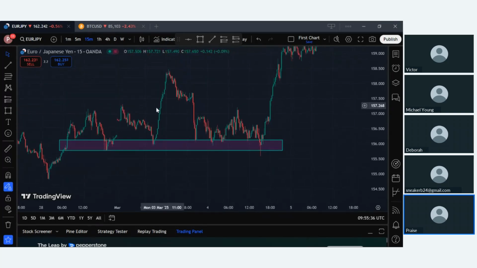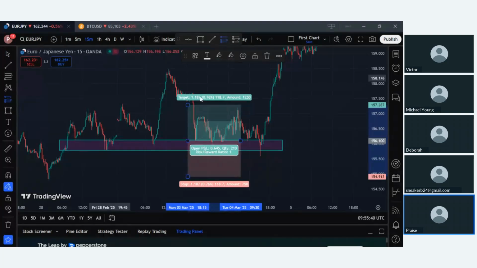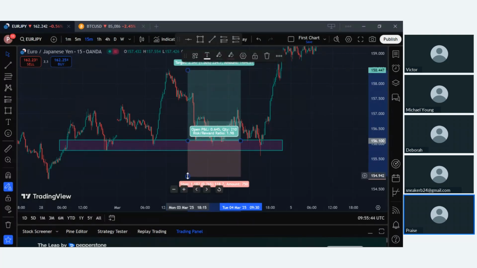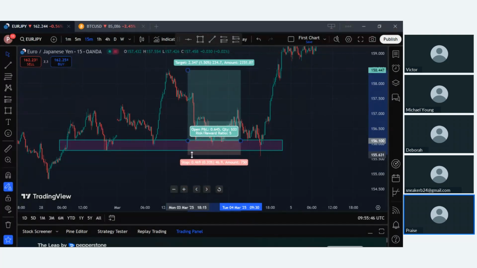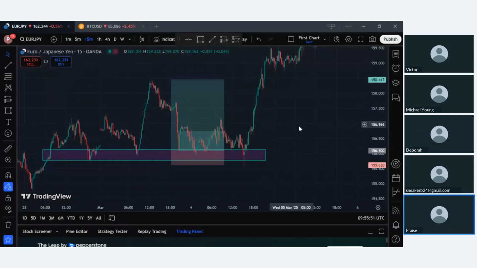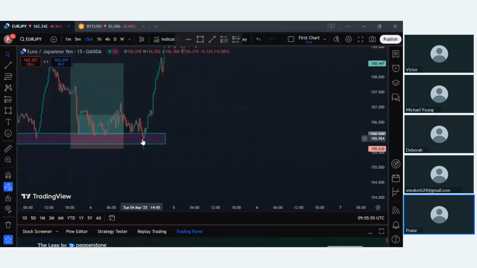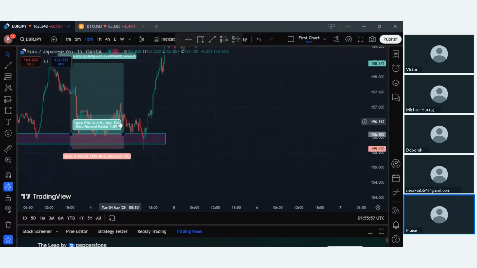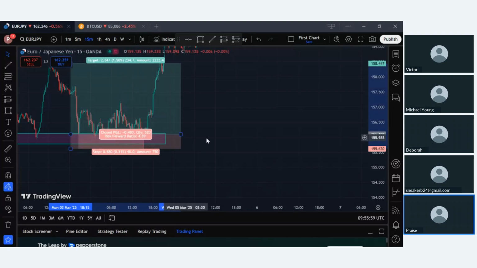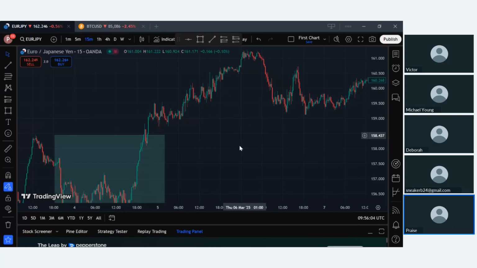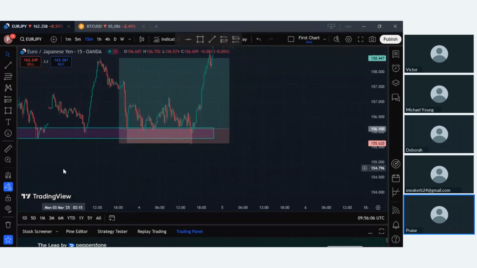If we want to take entry from this support zone, we take the entry around here, and then we target maybe 1 to 2, and our stop loss is supposed to be just below the support. Now, if we took this entry, you can see what happened: the stop loss was actually cleaned, and the market went far beyond where we predicted it to be.